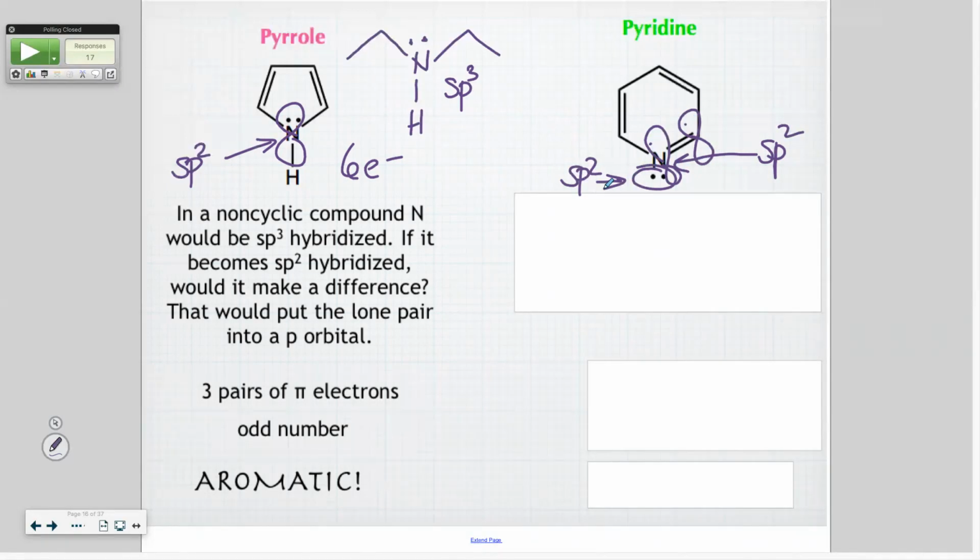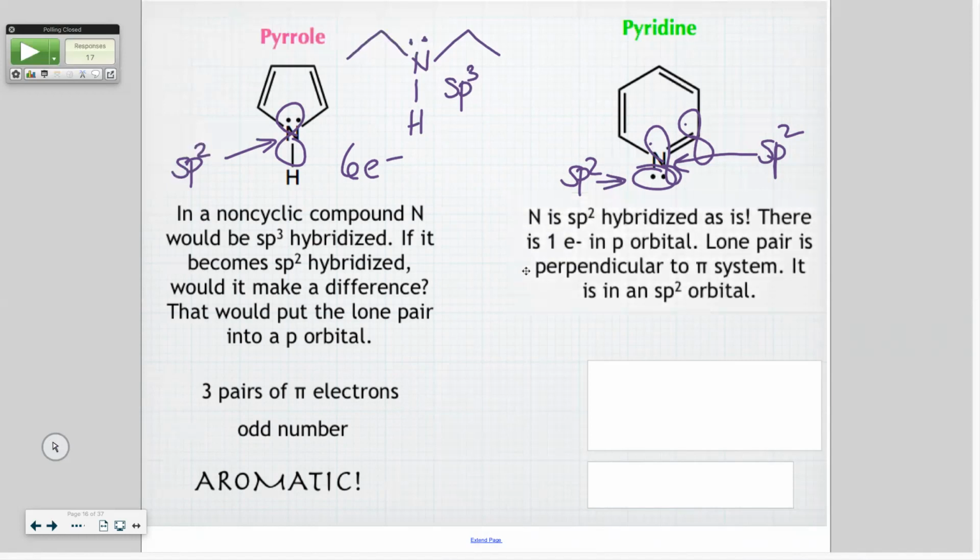So are you going to count those 2 electrons when you try to decide? No, because they're not parallel. The whole thing is parallel. So we get our donut above and our donut below, and we wish we had a Dunkin' Donuts. So the N is sp2 hybridized as is.